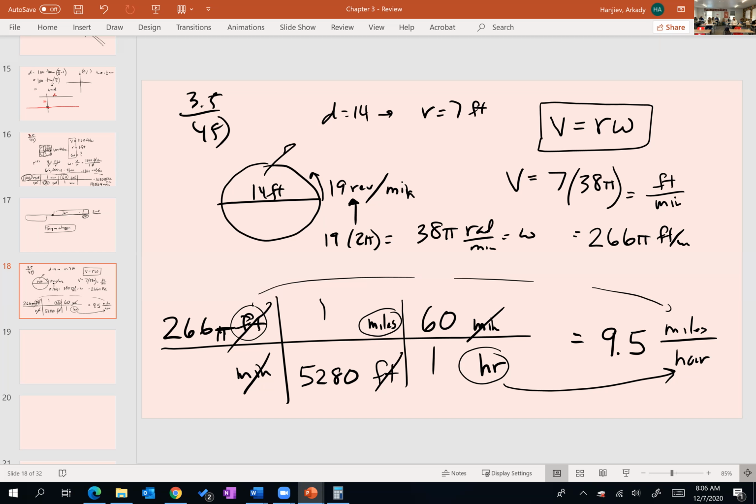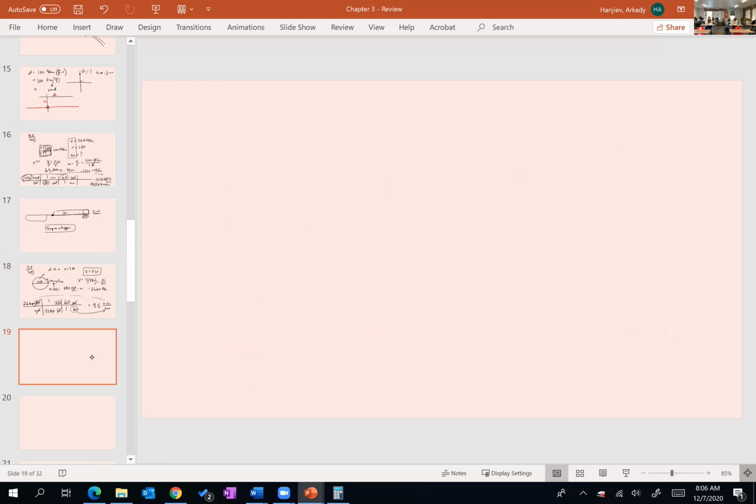Okay, we got one more to do, a ski lift scenario here. 3.5, number 49, I think. We got the last one here. Ski lift operates driven by a wire rope.